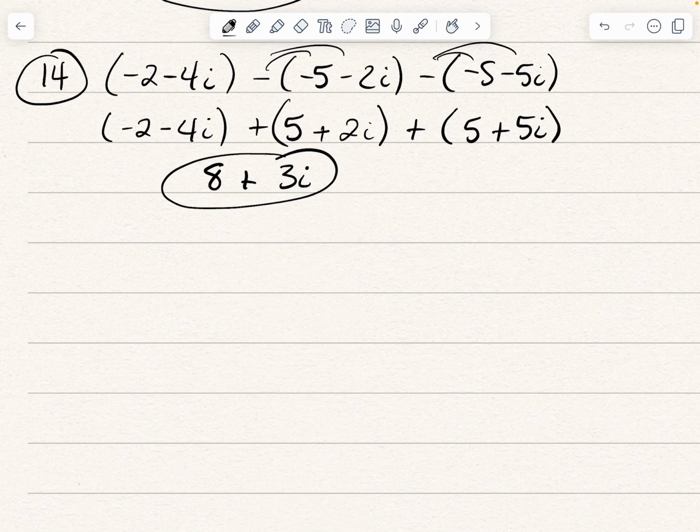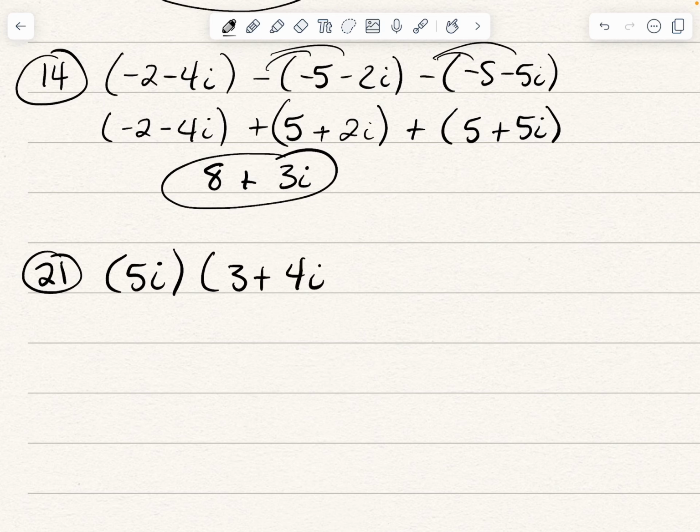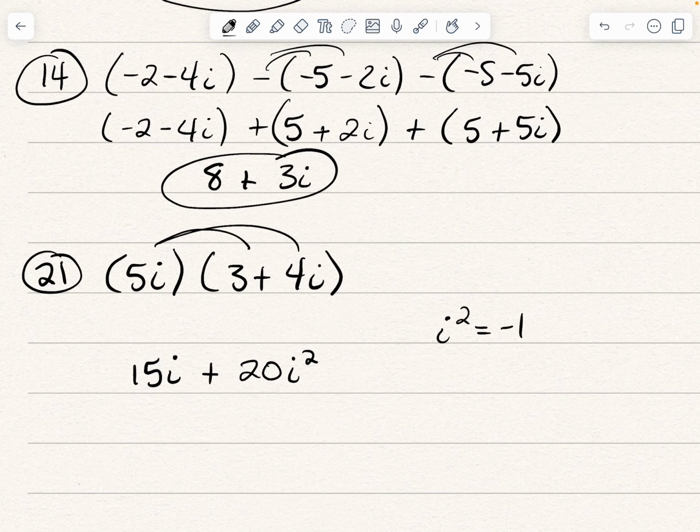Okay, 21. So now we're getting into the multiplication. So we have 5i and 3 plus 4i. So this 5i has to get multiplied by each piece. 5i times 3 is 15i. 5i times 4i is 20i squared. Okay, we have to remember that i squared is -1.